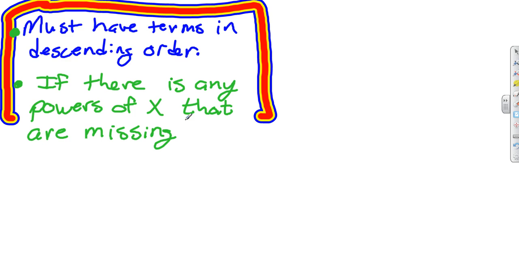Once you get them in descending order, whatever the highest power term is, if you start with x to the fourth, you've got to have x to the fourth, x to the third, x to the second, x to the first, and then the constant term. You've got to count down every single power.